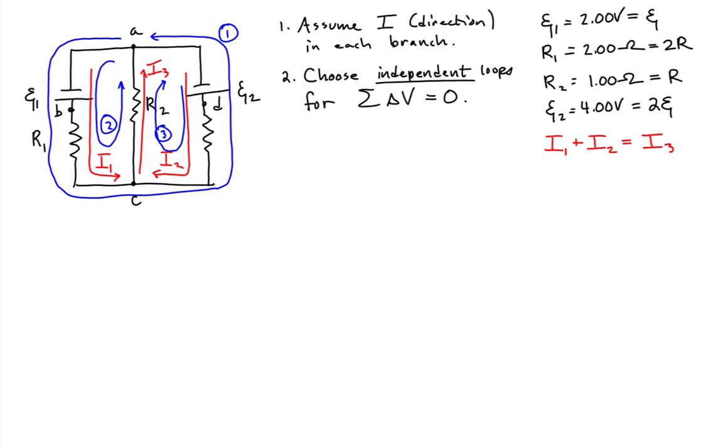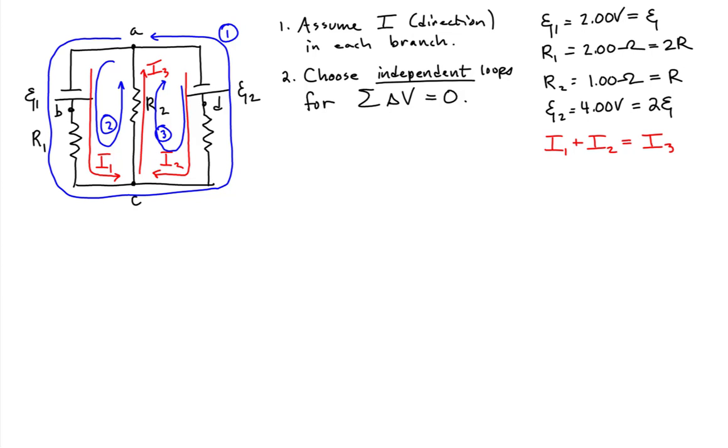And how do we know which 2 are going to be independent? Let's choose 2. And then the third one we'll see will not have a branch that isn't a part of any other loop. Let's look at loop 1.